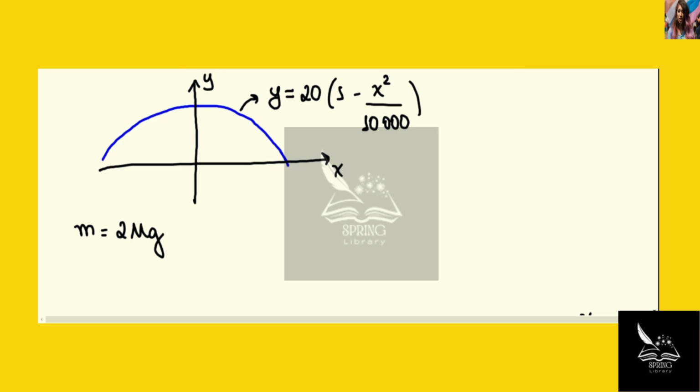Our goal is to find the maximum velocity of the car when it is at the crest of the curve, so at this point here, so that the car does not leave the surface of the road. Okay, so how do we proceed? First I'm going to find the radius of curvature, r, and then with the radius of curvature, I'm going to apply Newton's second law in order to find the maximum velocity.